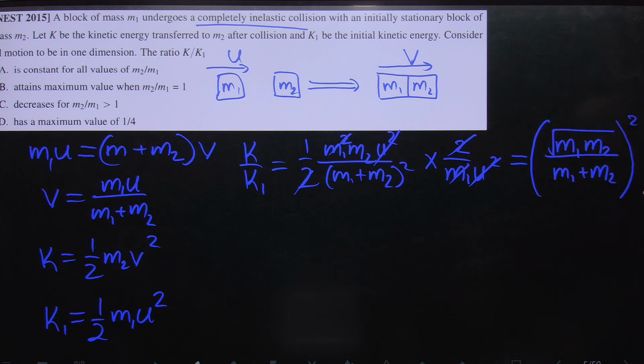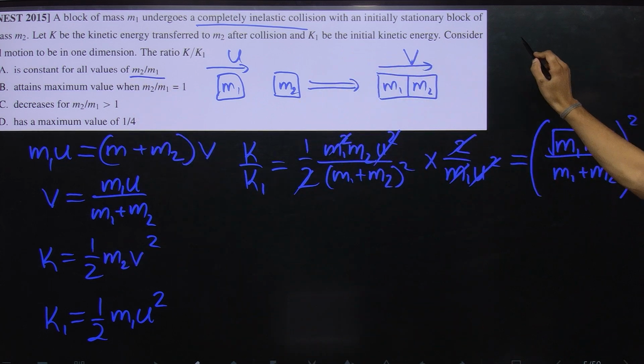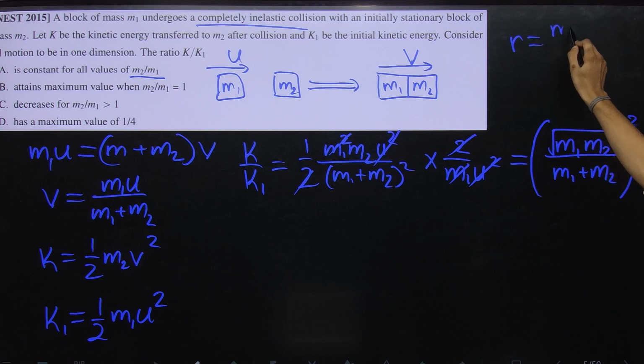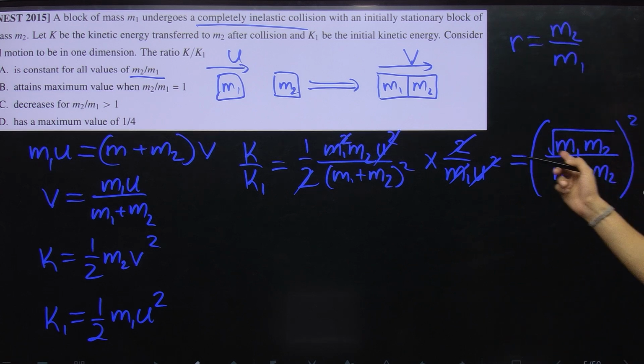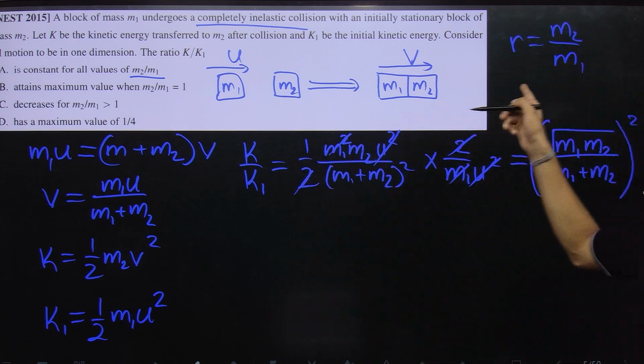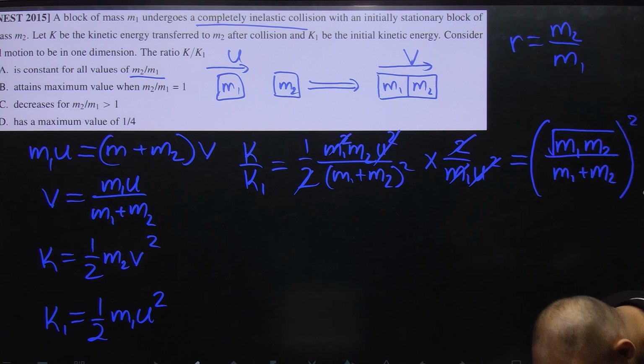But all the options are in terms of the ratio m2 upon m1. So let R be the ratio m2 over m1, and now we have to represent this k upon k1 ratio in terms of R. For that, it will be better if we take m1 m2 in the denominator and m1 plus m2 in the numerator, so that we can split it into terms individually.